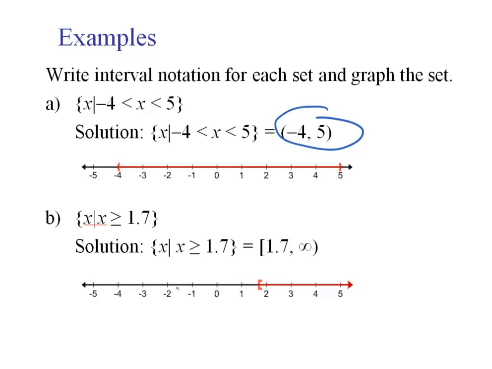The same would be true if we had the set of all x's such that x was less than 2. We would have the number line here with 2, and if we made it a less than or equal to, we'd put a square bracket in here, and then we would have everything to the left of it, right?